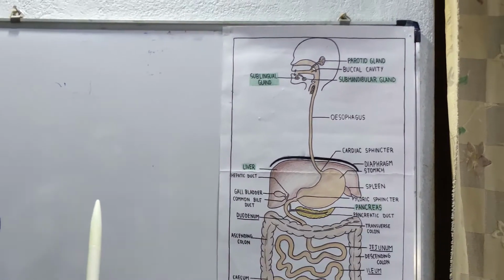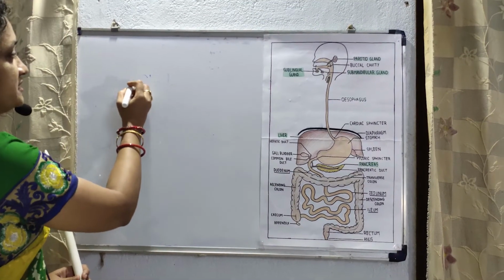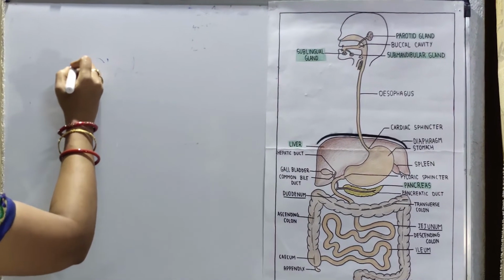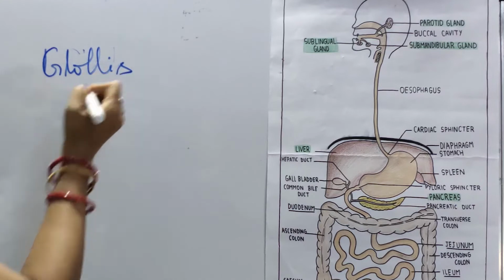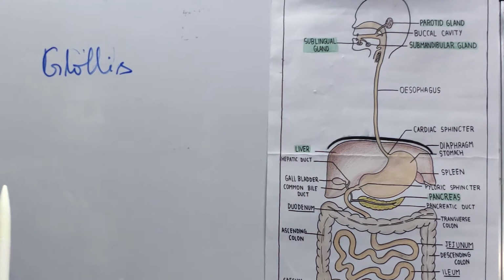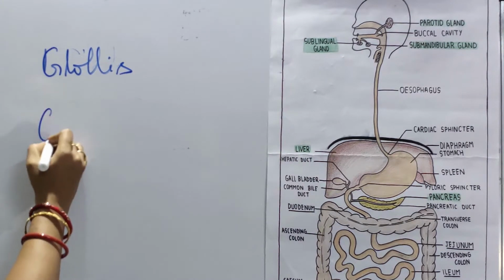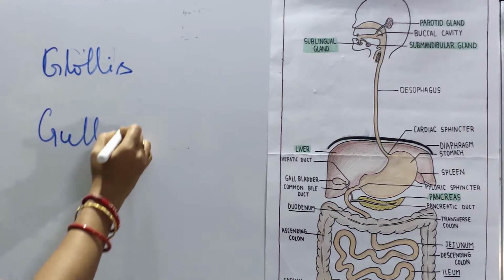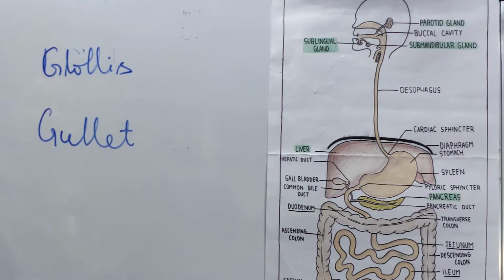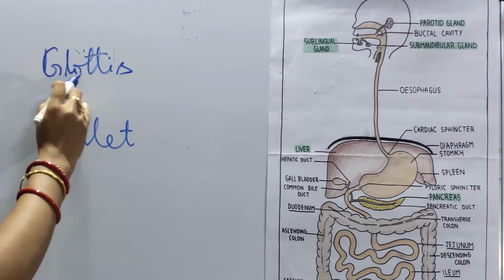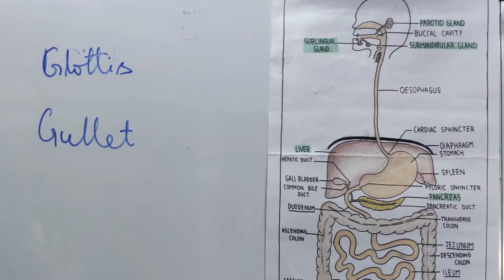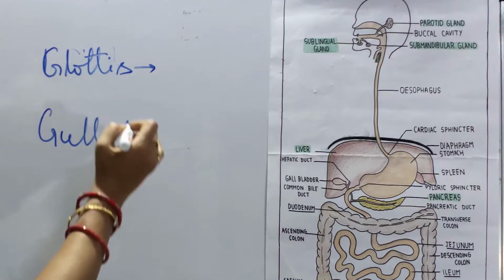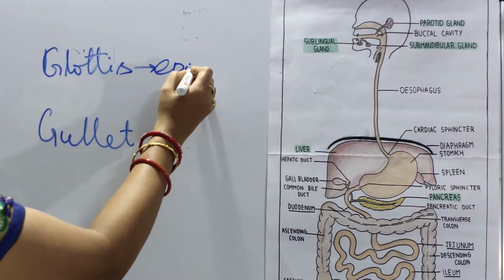So, the opening of the respiratory tract is known as the glottis. The opening of the esophagus is known as the gullet. The opening of the respiratory tract is known as the glottis, the opening of the digestive tract is known as the gullet, but the glottis is supported by the epiglottis.